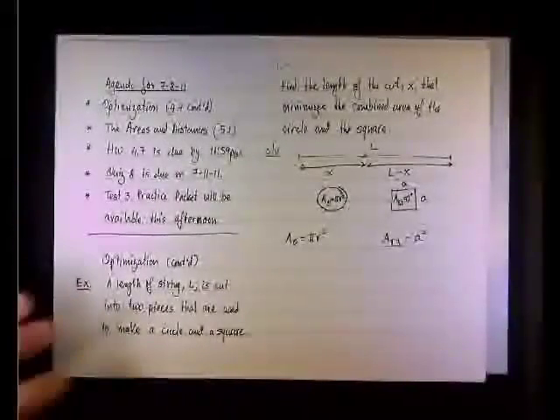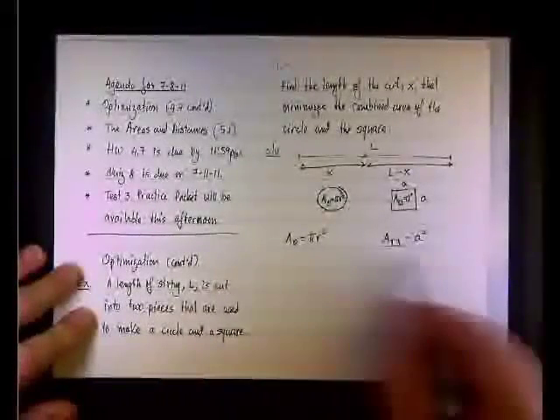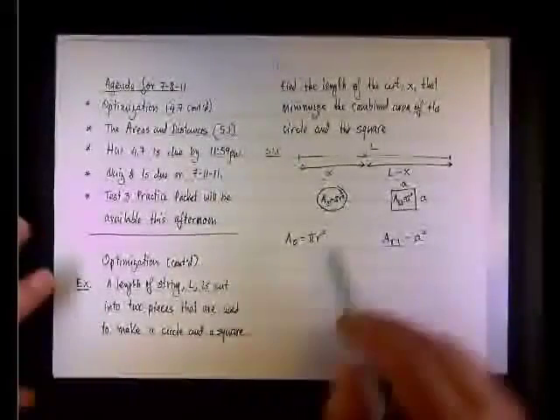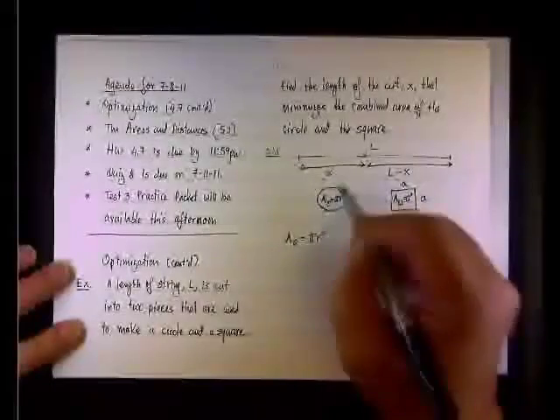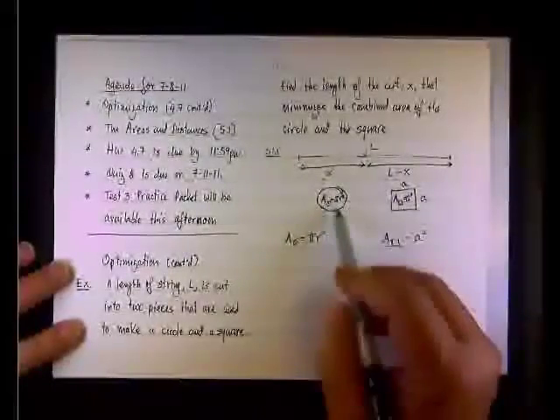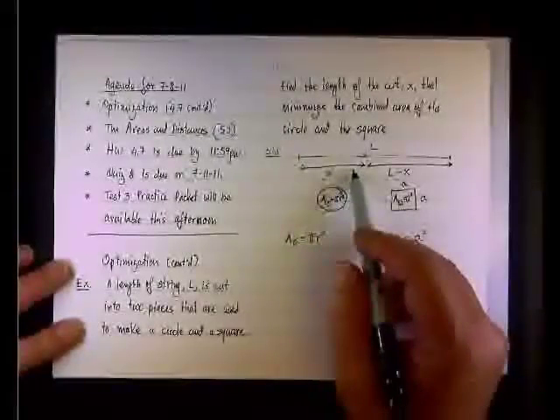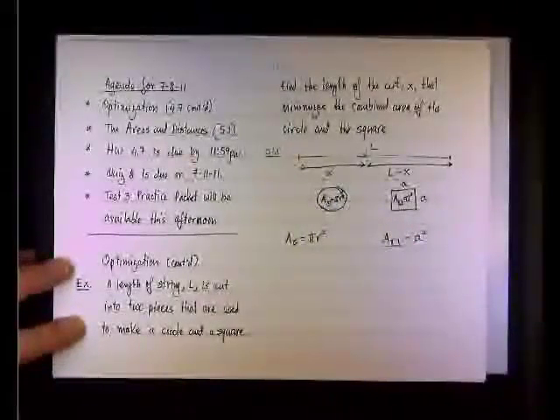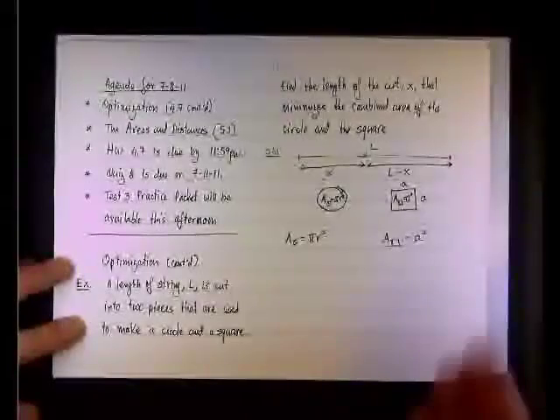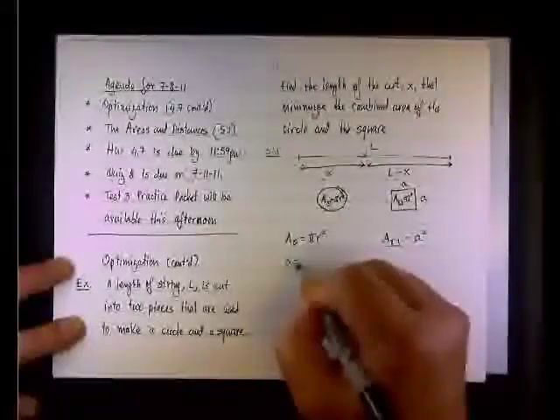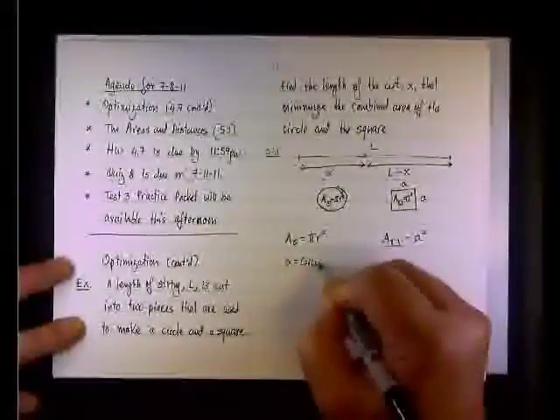Now, and of course the combined area would be the circle plus the square. Now, how do we express r, the radius, in terms of the length x that makes up the circle? Well, x is the circumference of the circle, right? So x equals the circumference.